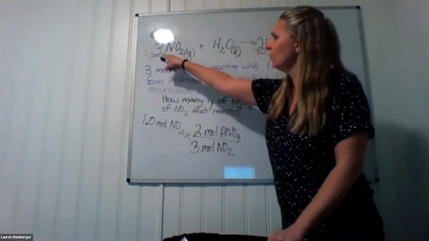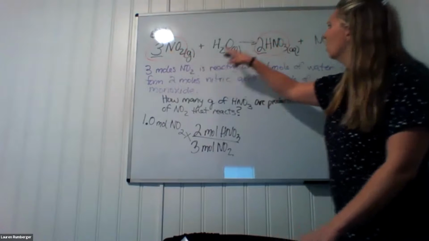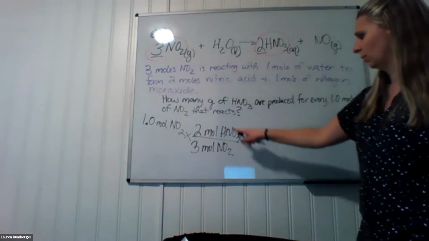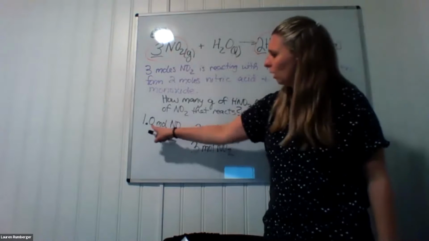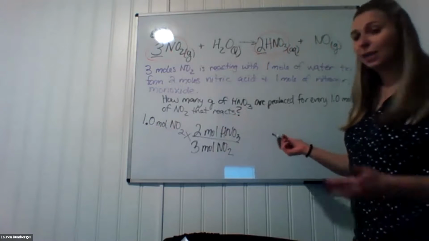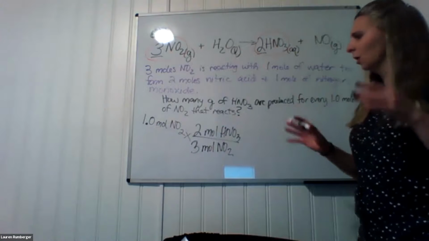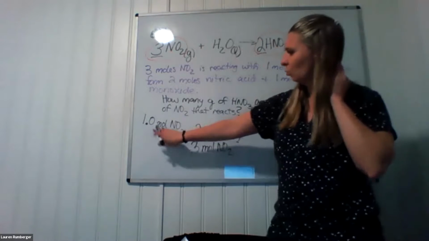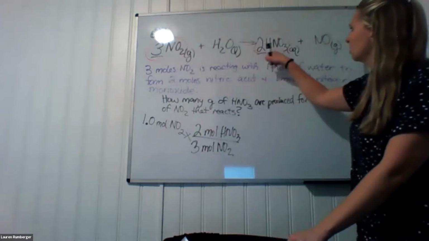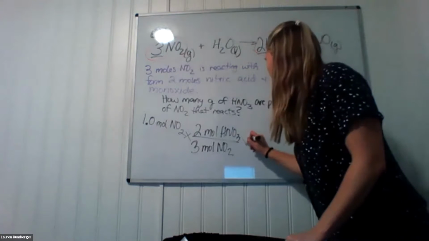So for every 3 moles of nitrogen dioxide, we are forming 2 moles of nitric acid, okay? But we're only reacting 1 mole of nitrogen dioxide. But when we do this calculation, it will consider what it would be if it was only 1 mole. This is saying 3 moles produces 2 moles.